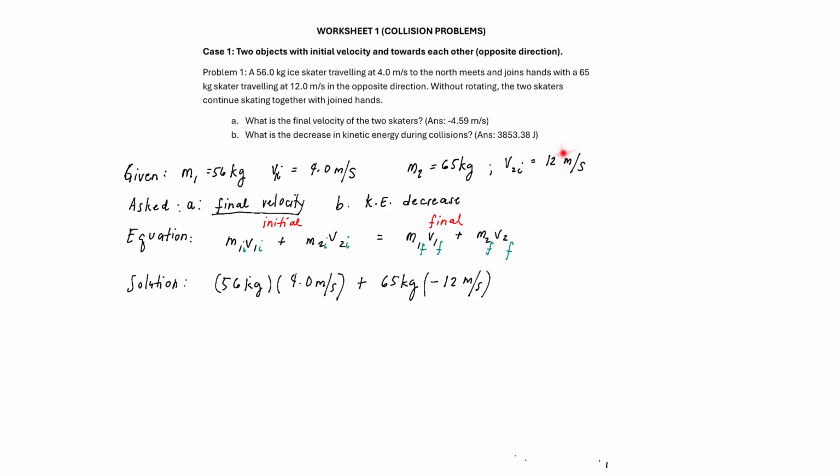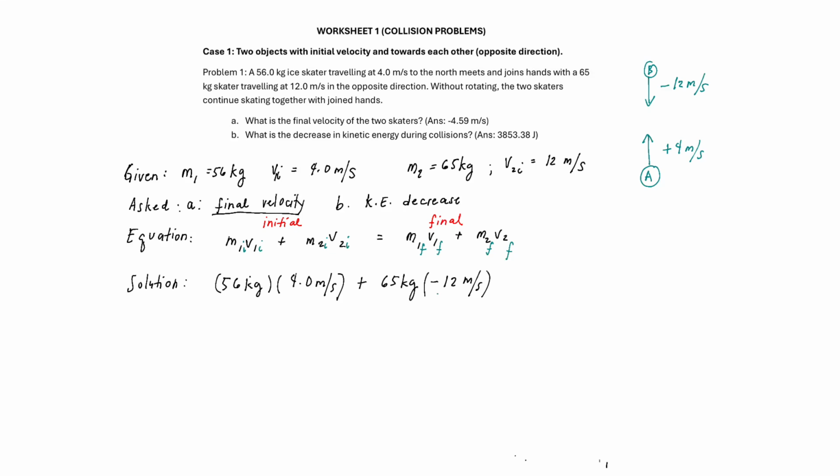Why negative 12? Because if letter A is traveling towards the north, represented by 4 meters per second, the other one has an opposite velocity, the 12 meters per second.